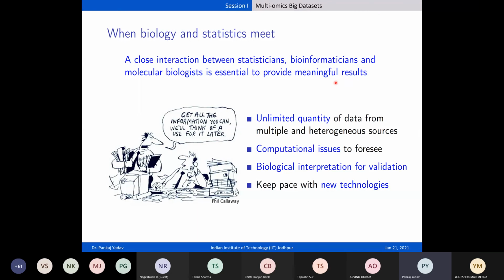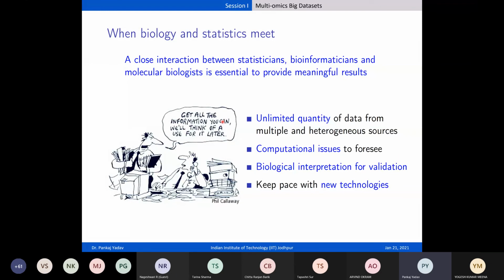Without that, understanding or solving any problem in this field won't be possible. Here again is a cartoon which shows: get all the information you can, and we will think of a use for it later.